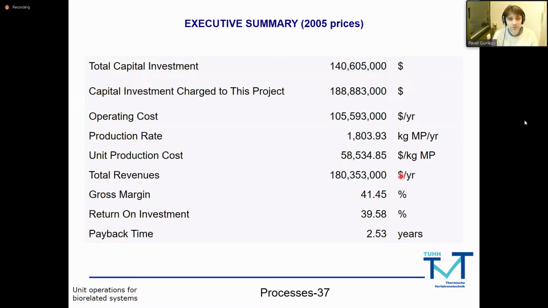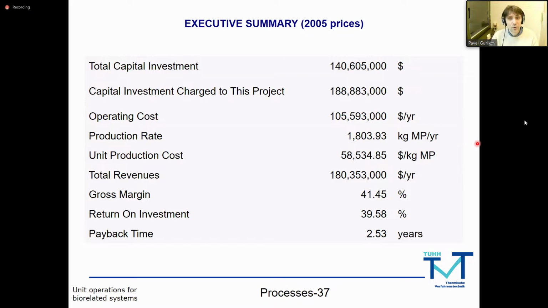So if you get $100 for each gram, then you have $100,000 when you sell 1 kg. With the rounding errors, you can get total revenues of $180 million per year. Okay, that's clear.